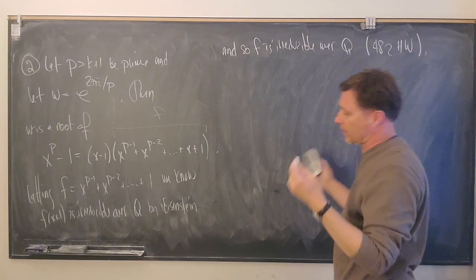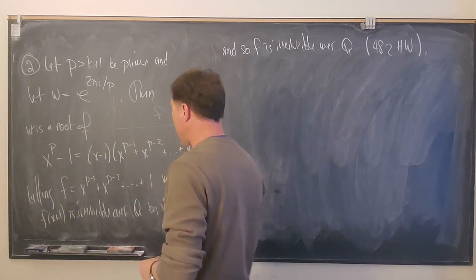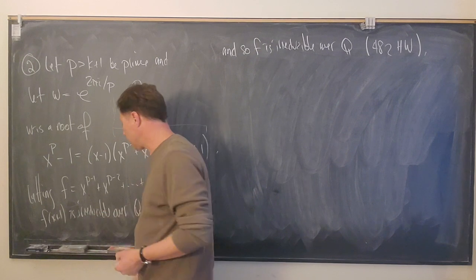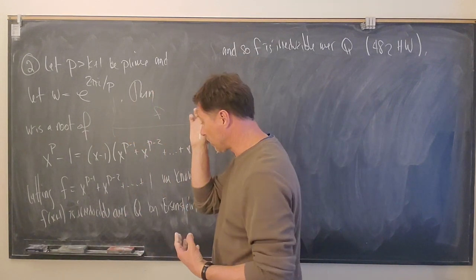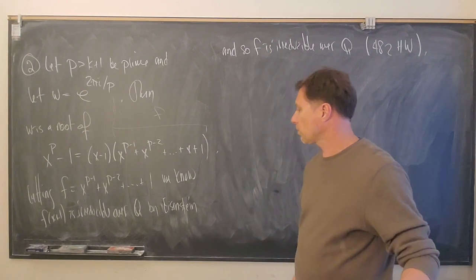If you haven't seen it, it's not a big deal. It's a general idea that if you can substitute x plus any constant into a polynomial and get a polynomial that's irreducible, then the unsubstituted version is also irreducible, all of this over Q.